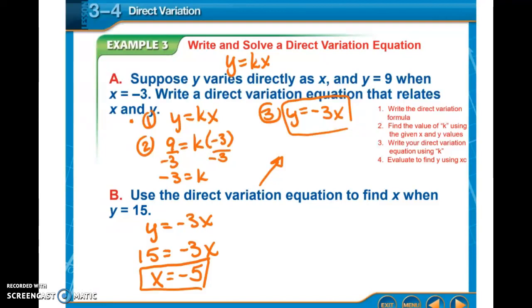Number 2, find the value of k, that's this one. Step number 3, write your direct variation equation using k. So here's 3, 3 is up here too. And then evaluate to find y using x. There you go. So this is 4.